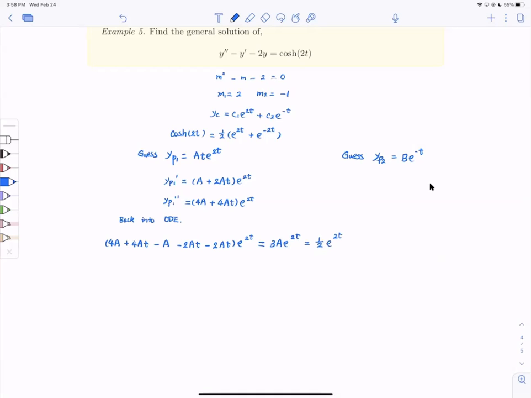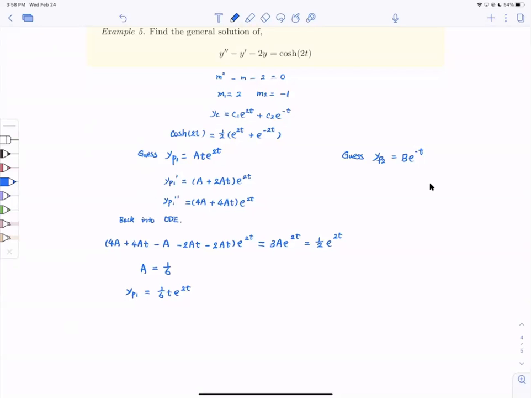So now I can solve for a. Wait, did I miss anything? a equals 1 over 6. So my yp1 equals 1 over 6 t e to the 2t.